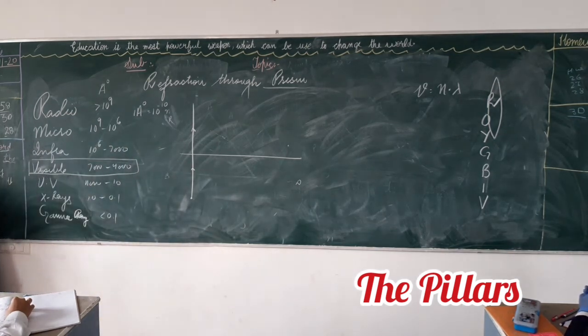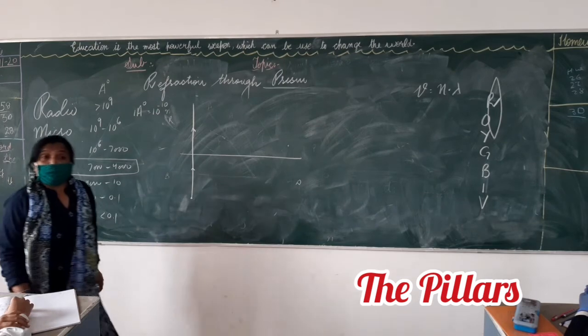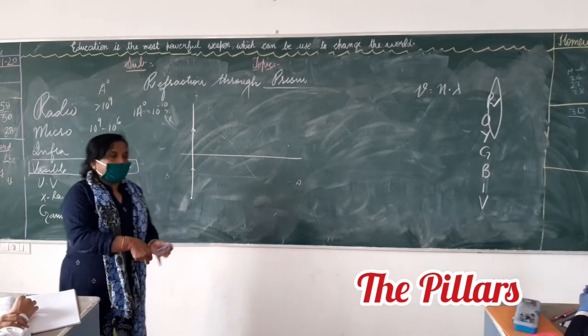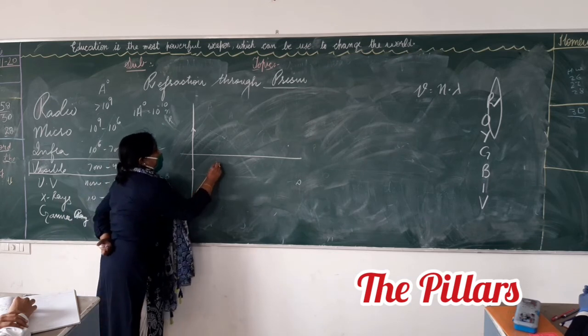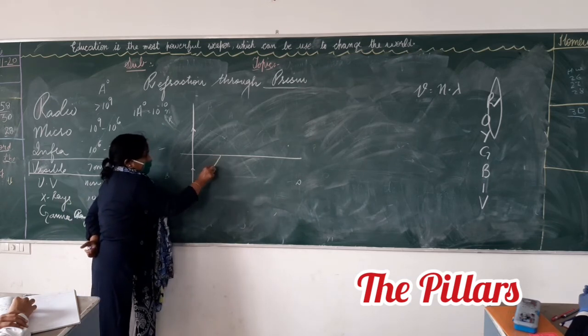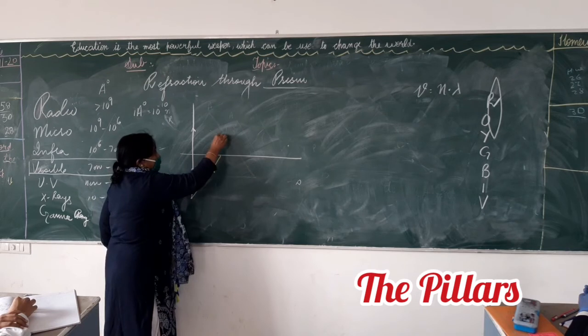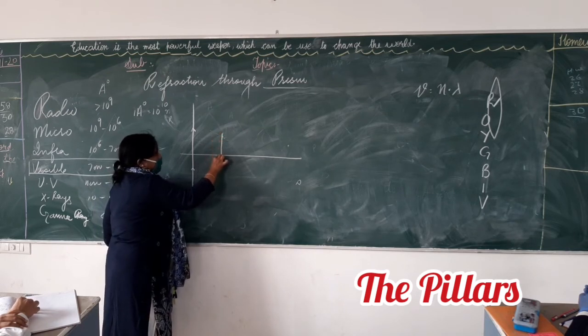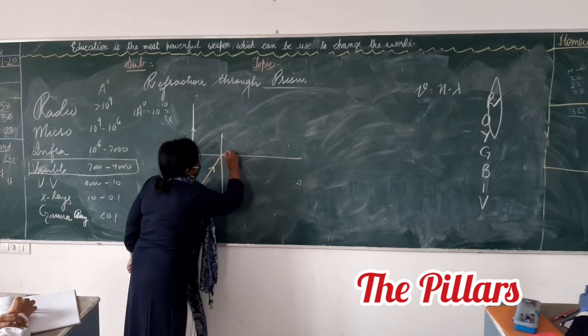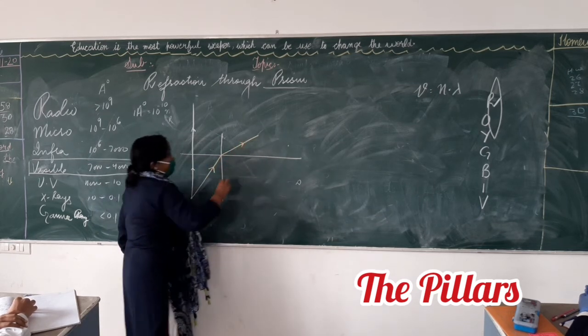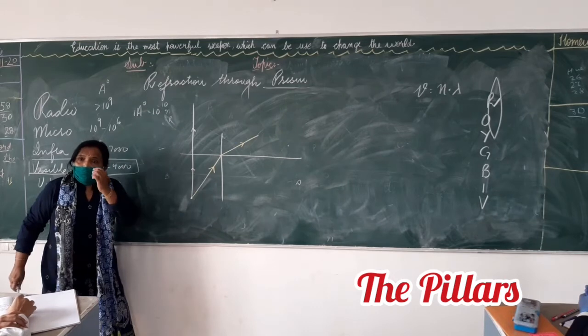As you increase the angle of incidence, this will fall obliquely onto the surface. This is your normal. What will happen? Denser to rarer, away from the normal. The angle of refraction will be larger.